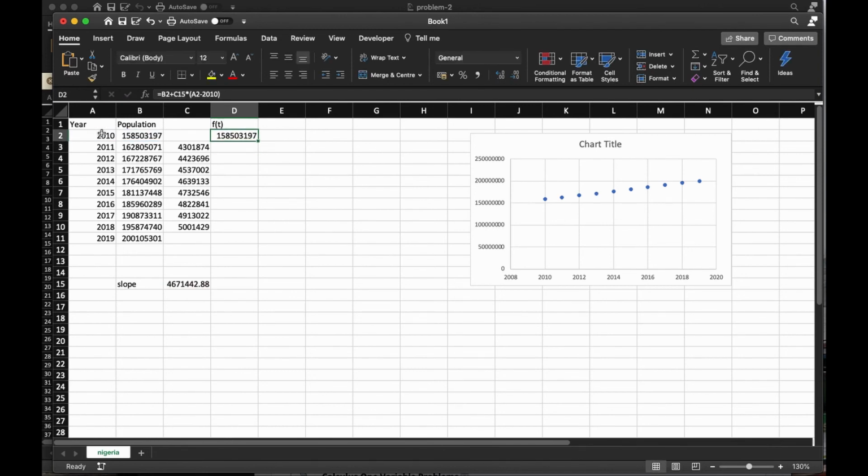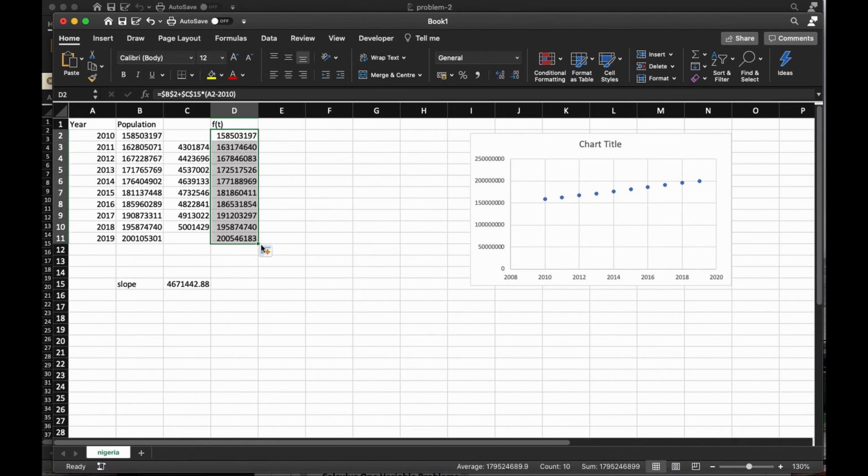One has to be slightly careful, because right now, if we pull this cell all the way down, something is going to go wrong. We have to fix the population. This parameter is fixed, so here we press F4, and F4 fixes it. And this parameter, the average of the slopes, also has to be fixed, so we press F4. What this formula says is simply the fixed population of 2010 plus the fixed average of slopes times the time minus 2010. Now we can extend it all the way to 2019.